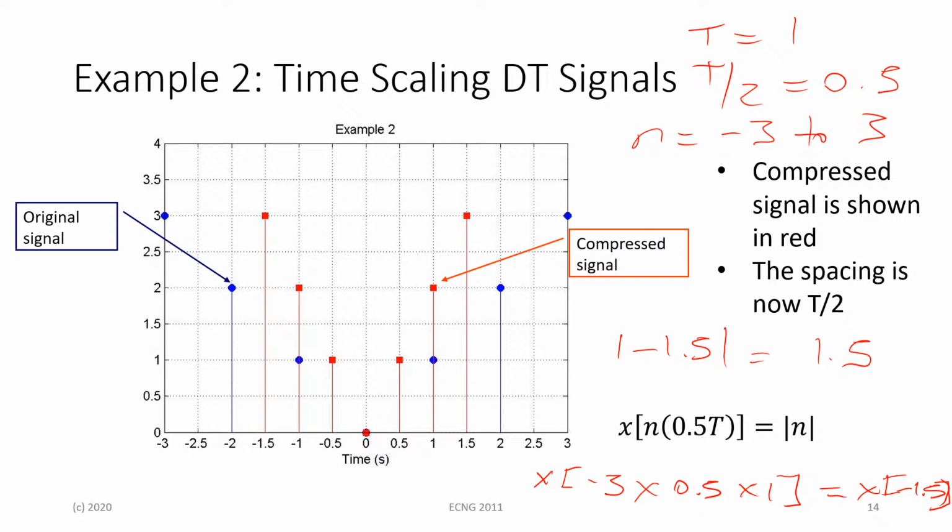So in compressing this, instead of being at t equal 1 second, we now go at t equals to 0.5 seconds. The x-axis on this graph here is actually n as well. So yes, it's a typical mistake I made when I put up these graphs. I'll correct them as I'm going.